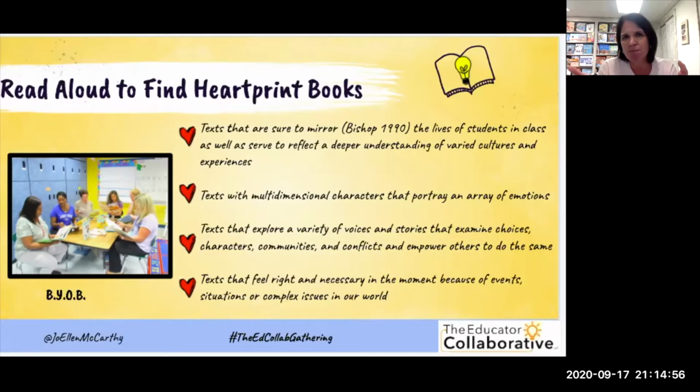These are just some tips, some ways that I talk through finding and choosing a heartprint book. But you'll notice in that image that I have BYOB, and BYOB stands for Bring Your Own Book, because I hope that it's this collaborative nature of conversations and how we can share our experiences, our perspectives, our point of view, and how that influences the books that we choose, the books that we need to have, the books that perhaps we have problems with, because that's, again, how we grow in sharing those conversations.